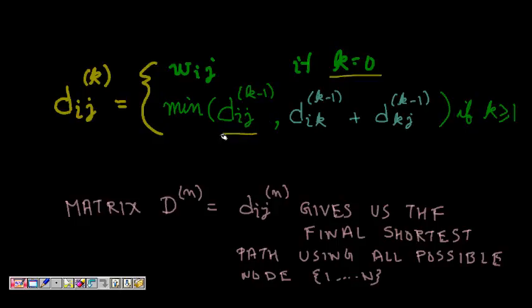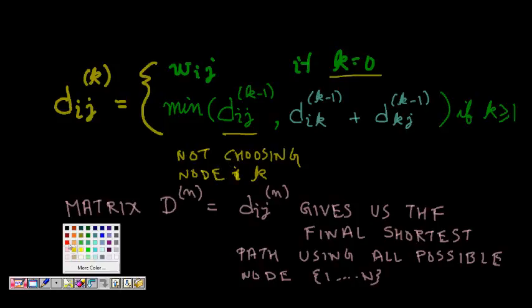So I am here not choosing node k, so node k is not in the shortest path from node I to j with nodes 1 to k as intermediate steps.